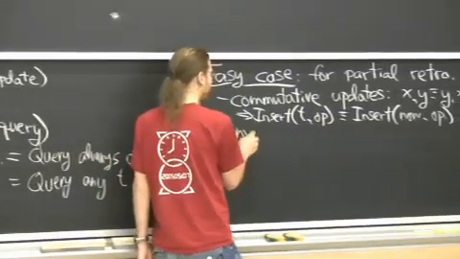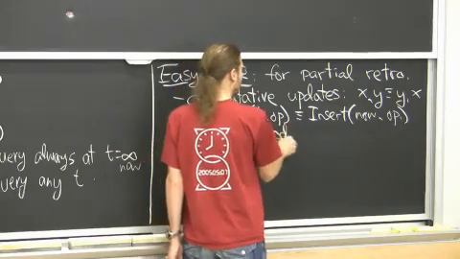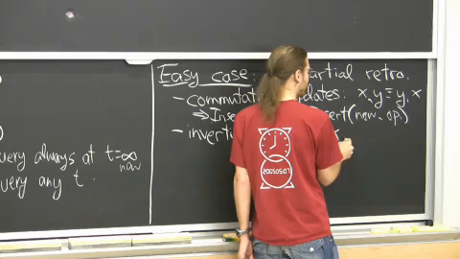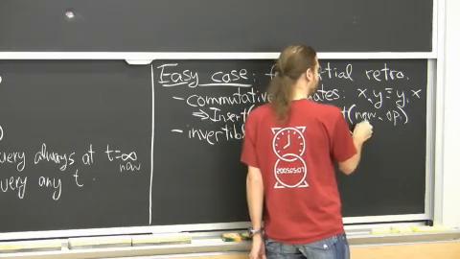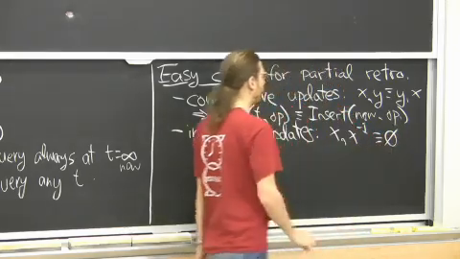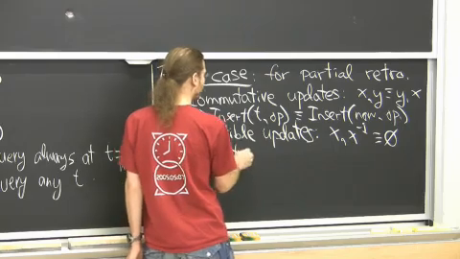If I have invertible updates, if there's some way, given an operation x, to compute a new operation x inverse that does the reverse, and that's equivalent to nothing, then deleting an operation is the same thing as doing the inverse.